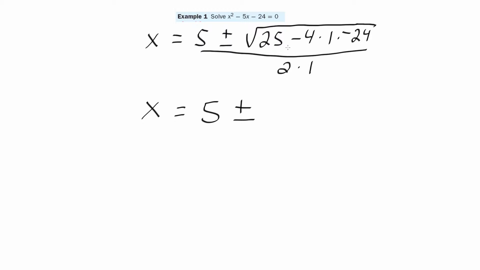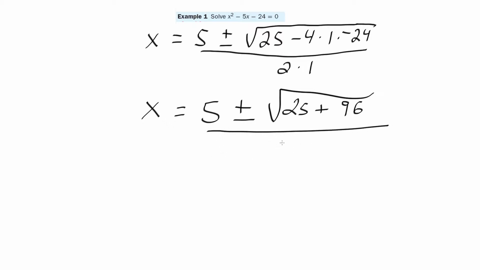So the negative 4 times the negative 24 becomes a positive, so that's the square root of 25 plus 96. And that's all over 2.